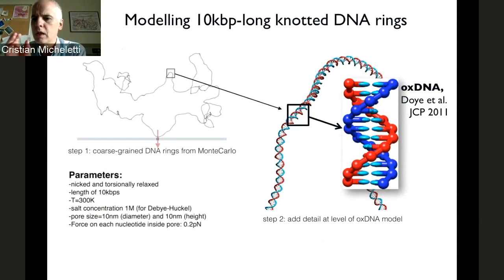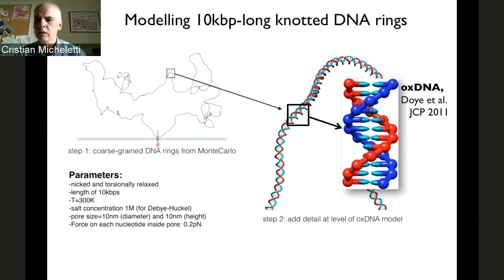And so we thought of using the most refined model that we could afford to use, given the length of the molecules that we wanted to address, which are thousands of base pairs. And so we settled for using this very nice model made by Doye and co-workers in Oxford, which is called oxDNA.